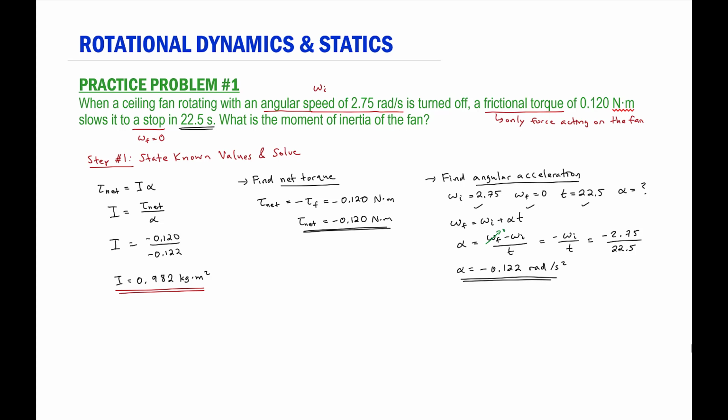So therefore, the moment of inertia of the ceiling fan is 0.982 kilogram meter squared.